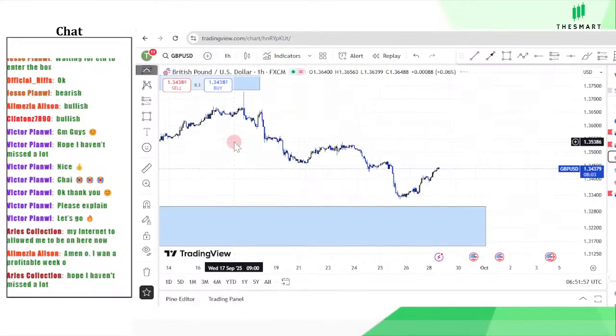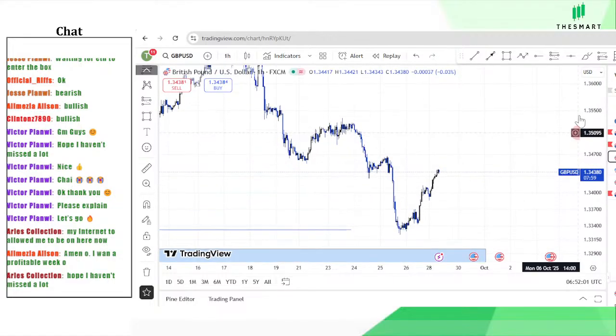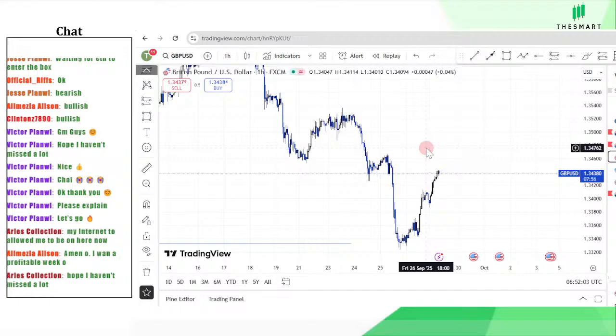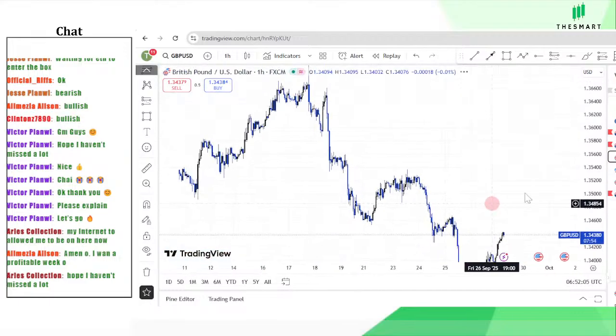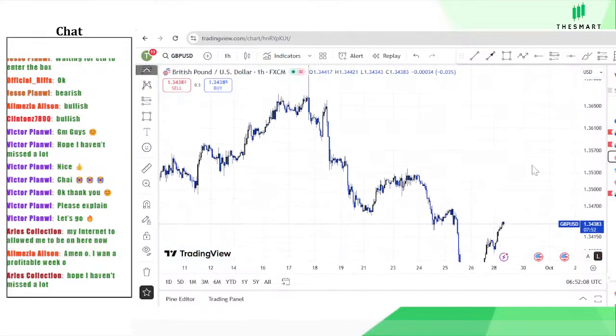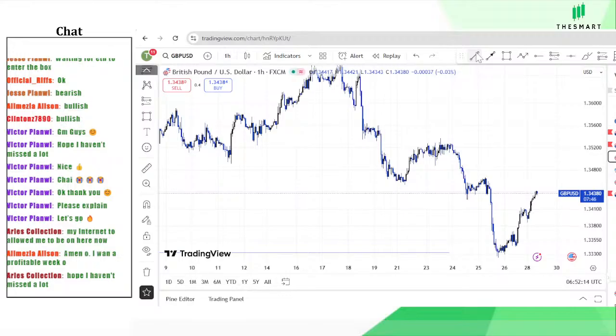But let's get a clear view on the 1 hour, because I'm seeing a tricky zone sitting here. So let's analyze this movement to the downside. Marking the external zone, this is our change of character.